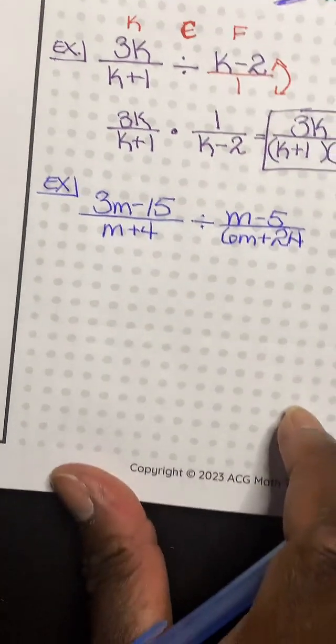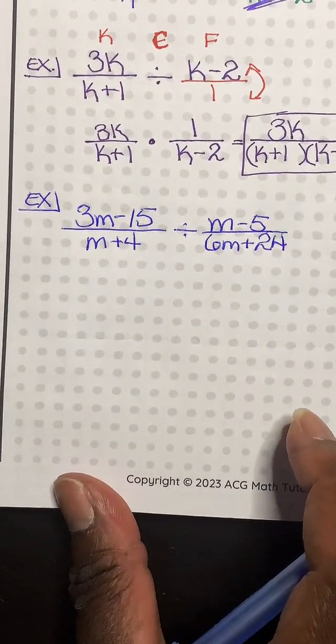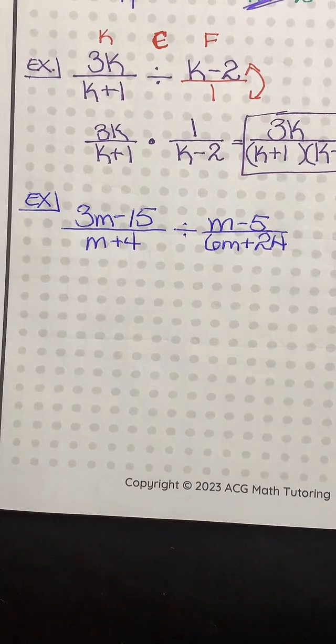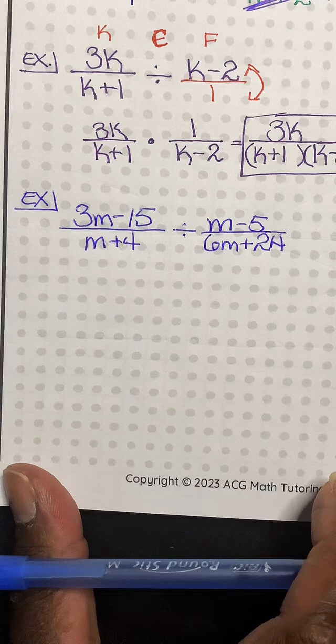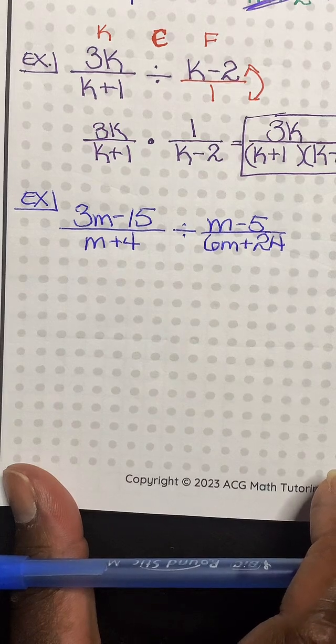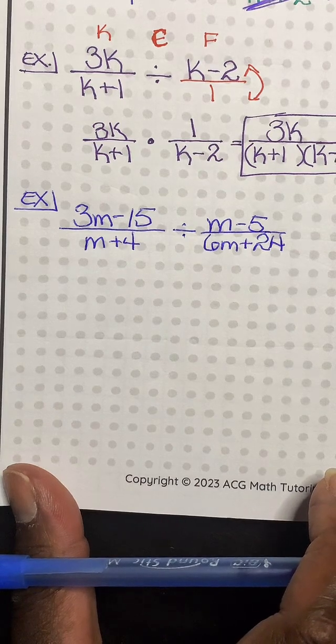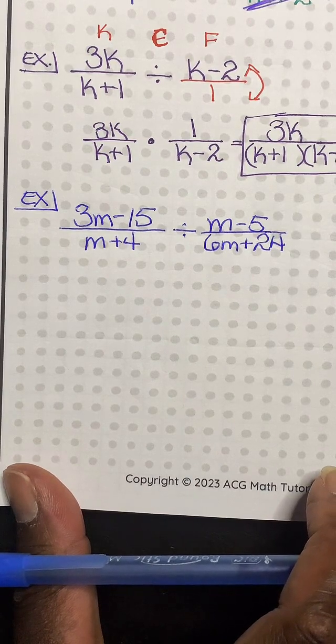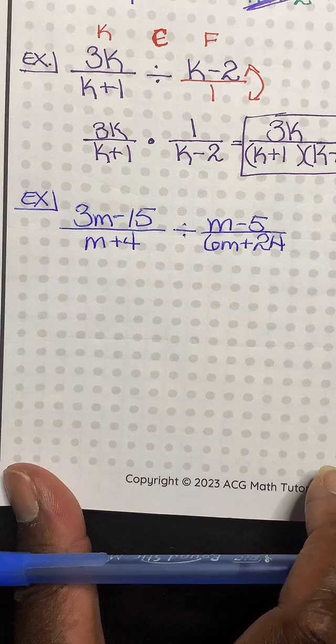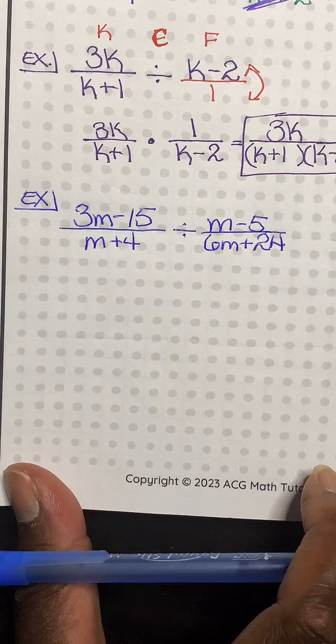Okay, so give this a try. Hold your answer for about a minute 15. Okay, this is called dividing rational expressions. Okay, no problem.